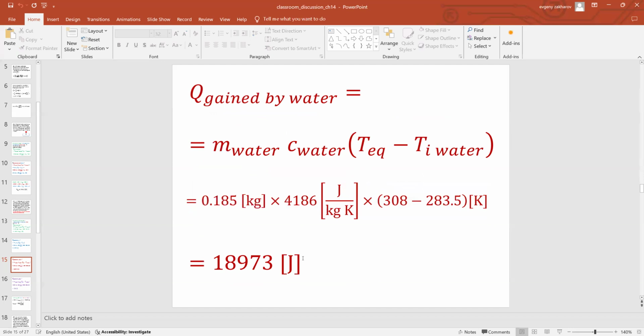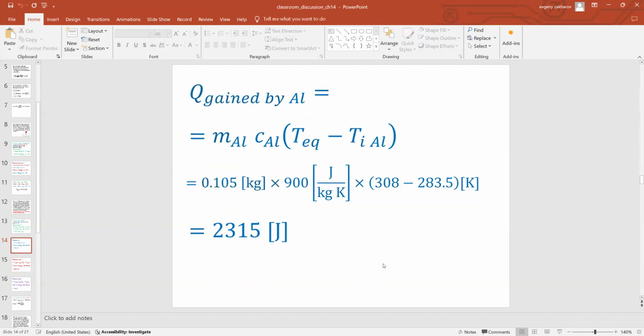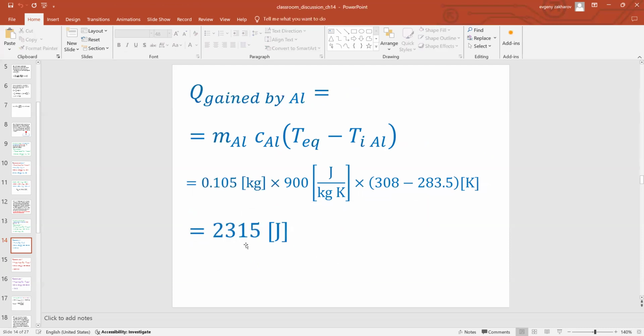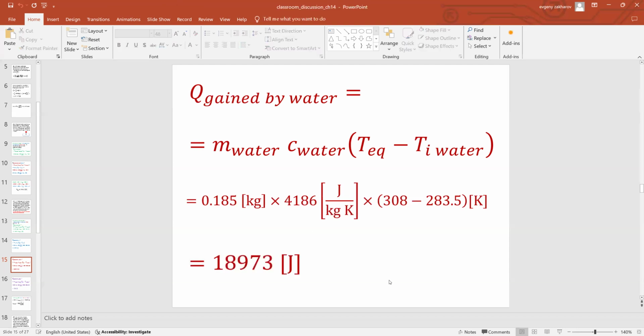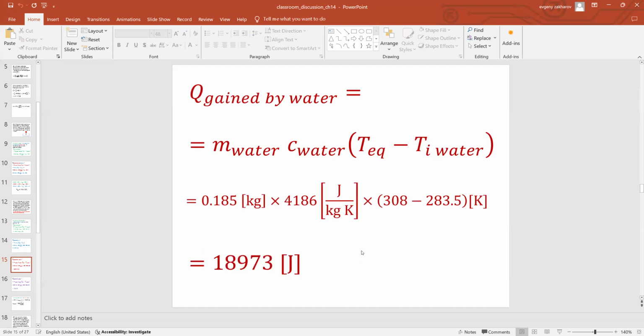And you do the math and you get about 19,000 joules, which is much greater compared to what the calorimeter gets. See how the calorimeter gets 10% and the rest is pretty much water. 90% is the heating up of water. That's why for an ideal calorimeter, you can just ignore it and just add everything for water.